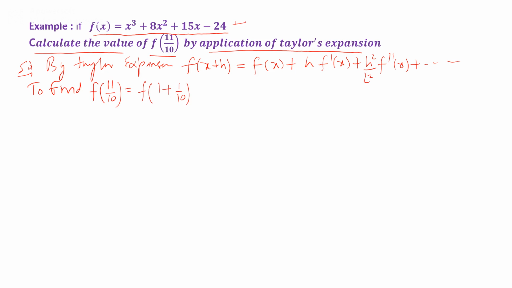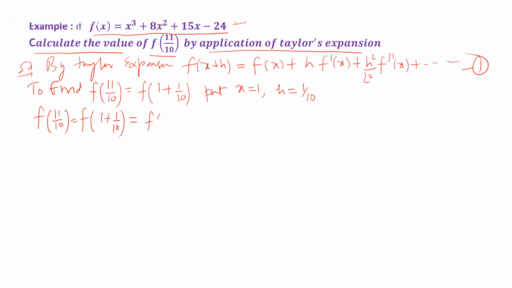So put x equal to 1 and h equal to 1 by 10 in that Taylor expansion. So what we get is a series, the expansion of that function.